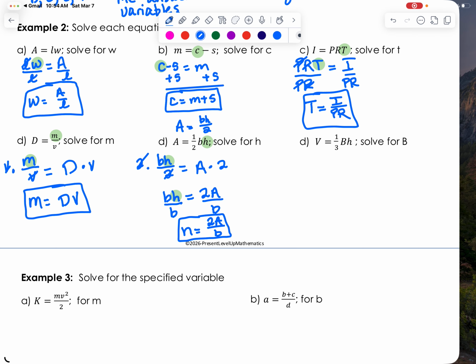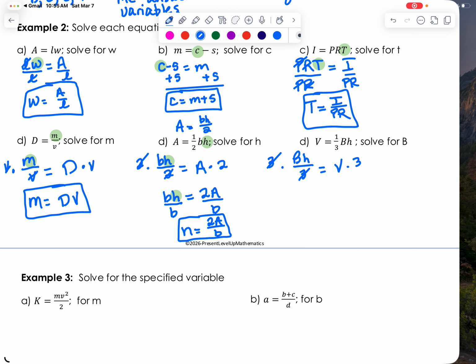All right, in problem D, we have volume equals 1/3 times the base times the height. Solve for b. Pause the video and try this problem on your own. All right, welcome back. Now, I rewrote this problem like this: BH divided by 3 is equal to V. Then I multiplied both sides by 3. The reason I did that is because I always want to remove the fractions as my first step.